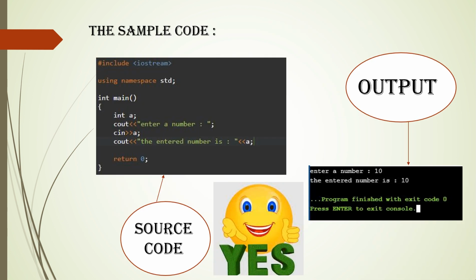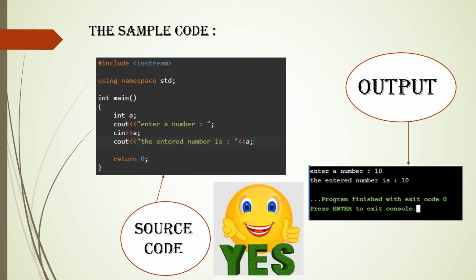In this program, I have declared a variable a. If you are using any variable in the program, you have to declare it first. Here I have declared a variable with int data type because I will take an integer as a number. If you want, you can declare a variable with float or double data type, as per your requirement.